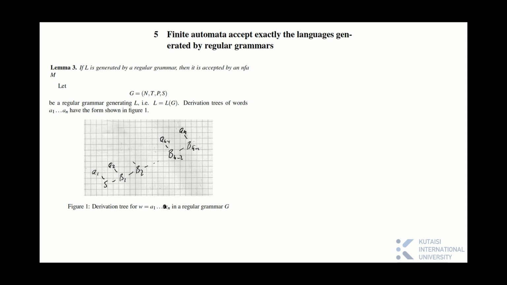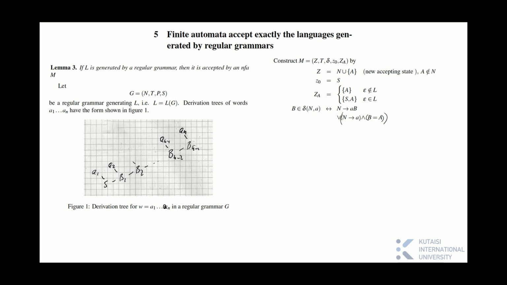You can have that. So we want NFAs. This drawing here is exactly what we drew, but upside down. Maybe I made a mistake in indices, I don't know. It's the same tree, and the statement is that the derivation tree in a regular grammar always looks like this, which we already convinced ourselves is the case.